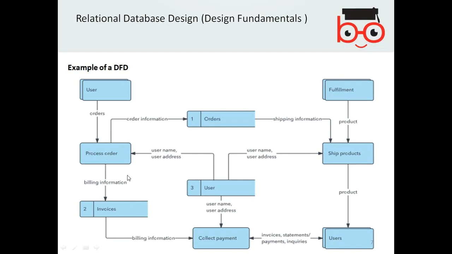Obviously the process order would have attributes, invoices would have attributes, and then the orders entity would be created. The user would be another entity, and then the fulfillment entity, shipment, ship products, and collection payment. These are the entities which are interconnected, and their flow is drawn here.